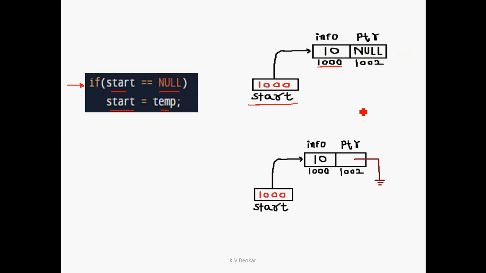So this is a single linked list with a single node, and start is pointing to the first node. For this NULL we can have this syntax also, a grounding symbol, which is the same as the NULL value. So this was the basics of the C program to write single linked list code.